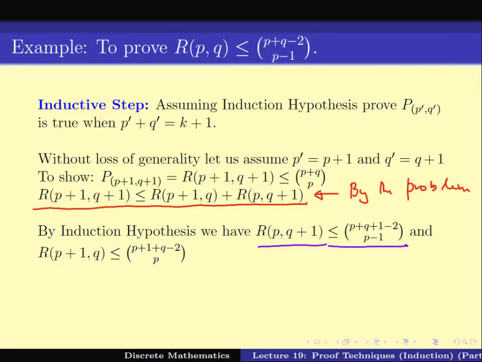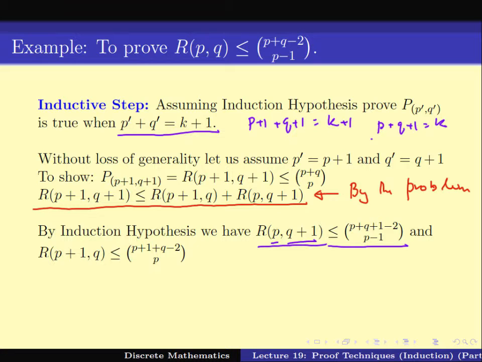Because we assume that p prime plus q prime equals k plus 1, or in other words, p plus 1 plus q plus 1 is k plus 1. So p plus q plus 1 is equal to k, and we know that by the induction hypothesis, as long as this plus this is less than or equal to k, we know how to solve it.